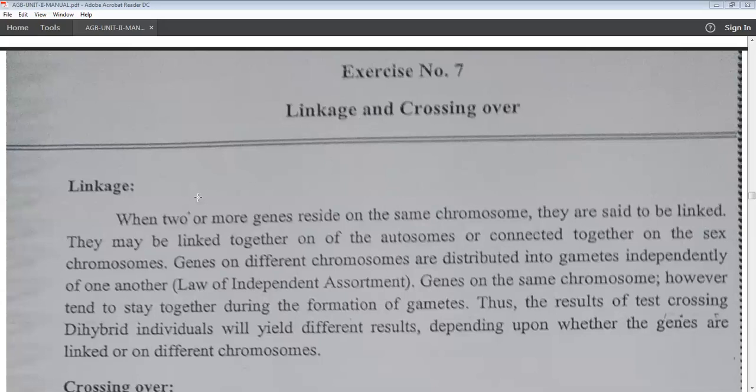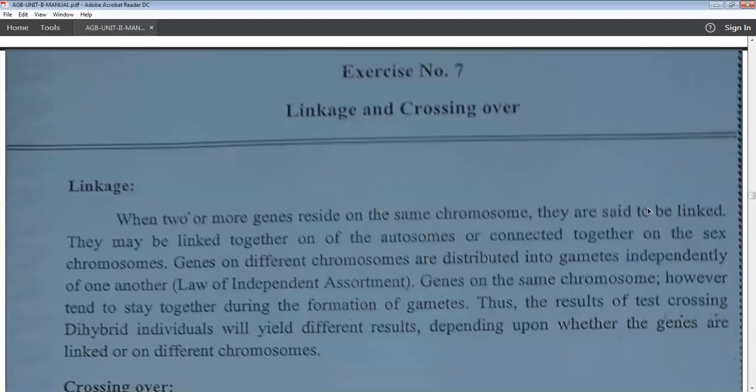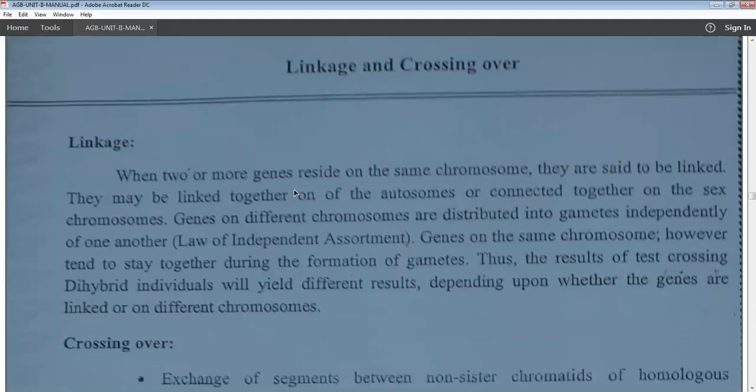Okay. Firstly, what is linkage? When two or more genes reside on the same chromosome, they are said to be linked. They may be linked together on the autosomes or connected through the sex chromosomes. The genes on different chromosomes are distributed into the gametes independently of one another.